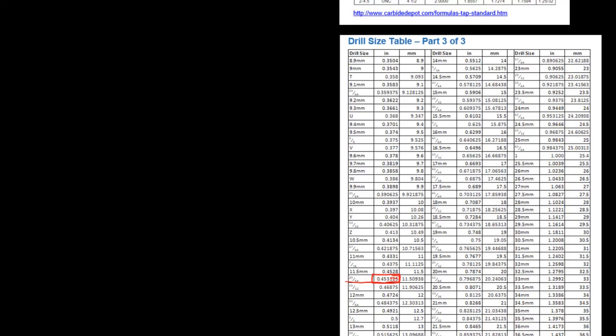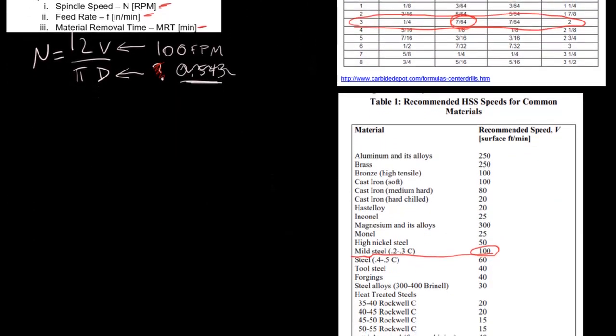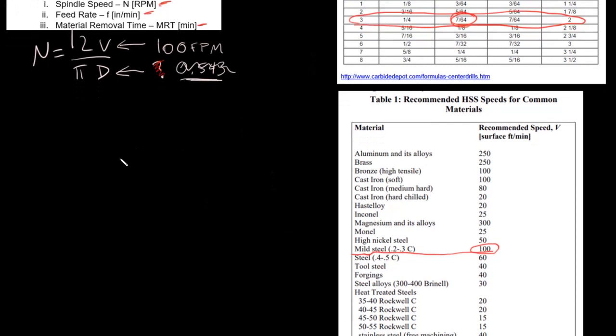Yes, it's 0.453. My mistake. So I'll just move the page down so we have somewhere to work. So 0.453 inches. Okay, so we'll plug this into the calculation now.